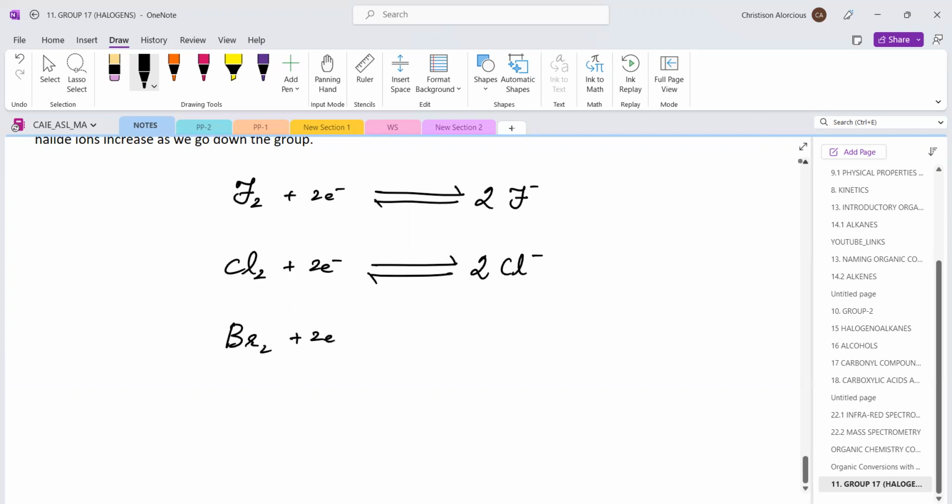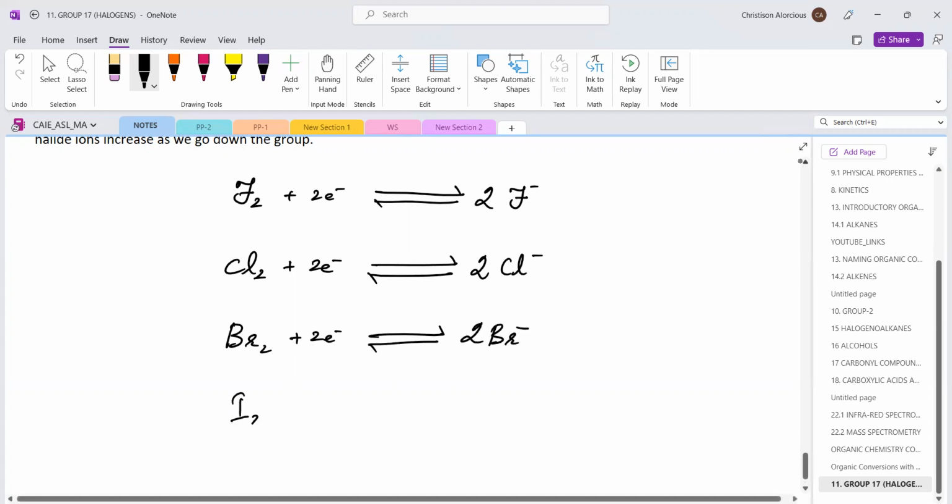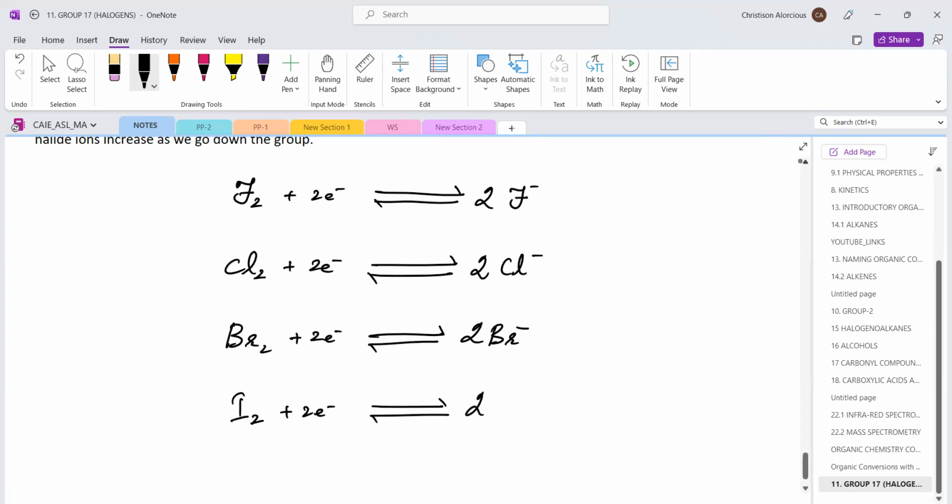Bromine gains electrons to get converted to bromide. And iodine gains electrons to get converted to iodide. Now, this is what we have.